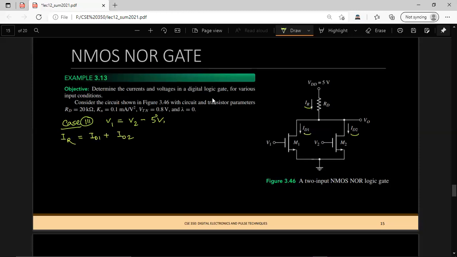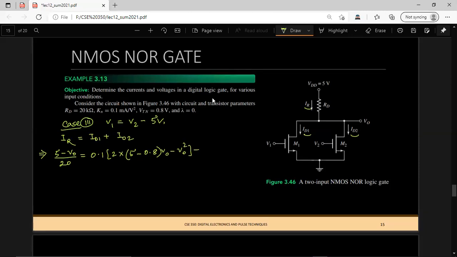So this is going to be (5 minus V0) divided by 20K, and the ID1 formula is just 0.1 times 2 times (5 minus 0.8) V0 minus V0 squared, and the same formula would be for the M2 transistor because all of these parameters are the same.